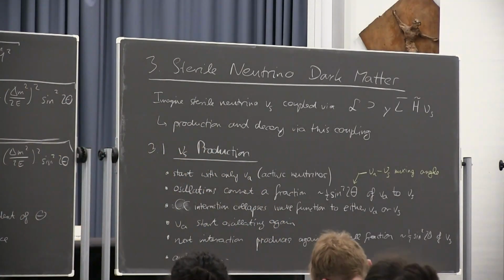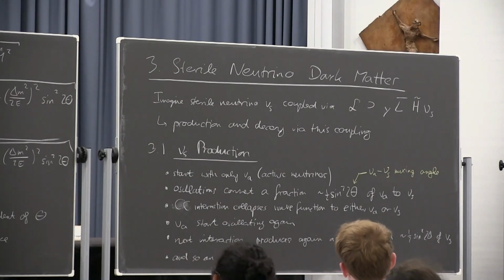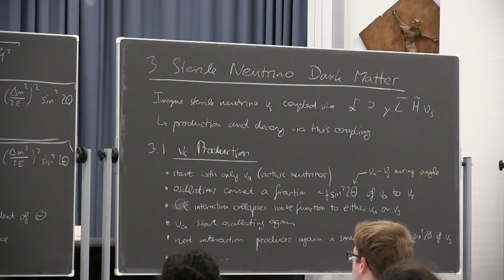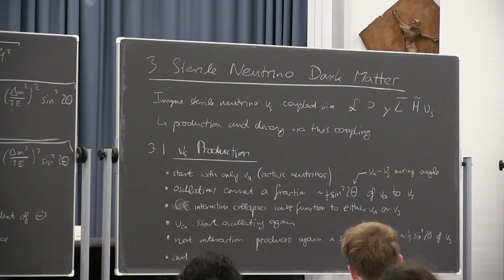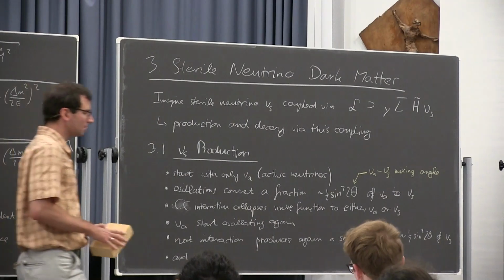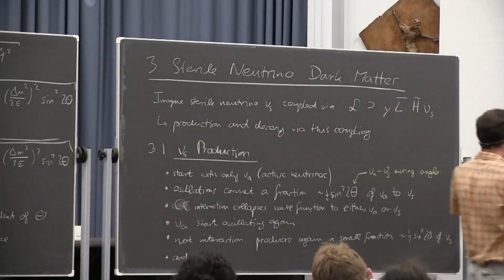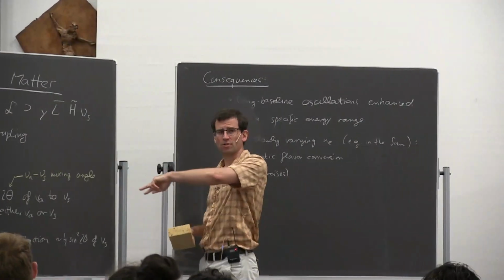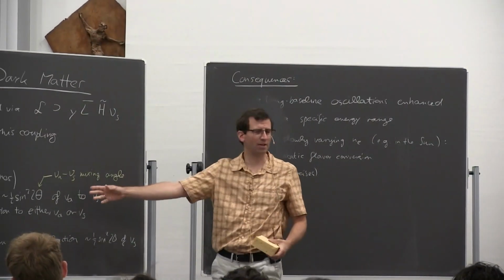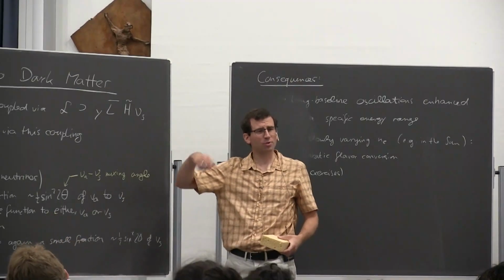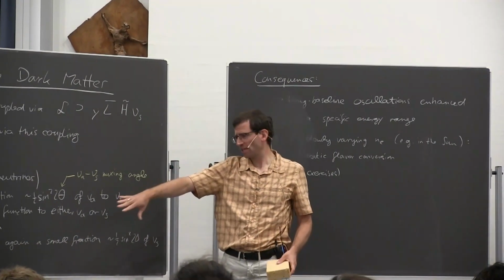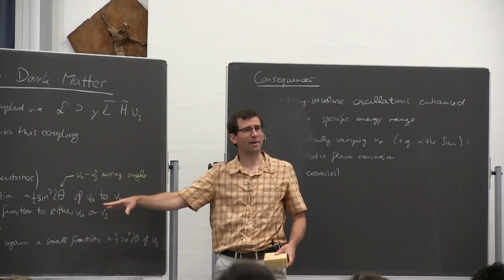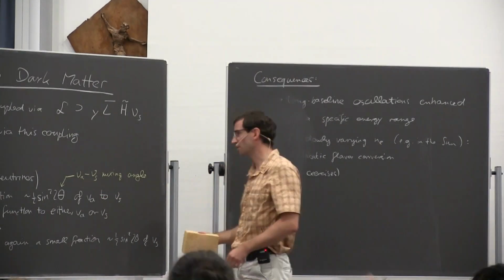So that means every time the neutrino interacts, you produce a little more sterileness and you reduce a little bit the activeness of your neutrino state. In principle, of course, there's also a back reaction, so of course also the sterile neutrinos start oscillating, recreating a little bit of active neutrinos. But as long as the sterile neutrino abundance is way, way, way below the active neutrino abundance, that is a totally negligible process.